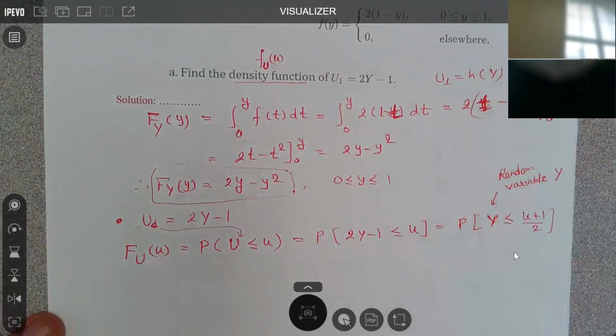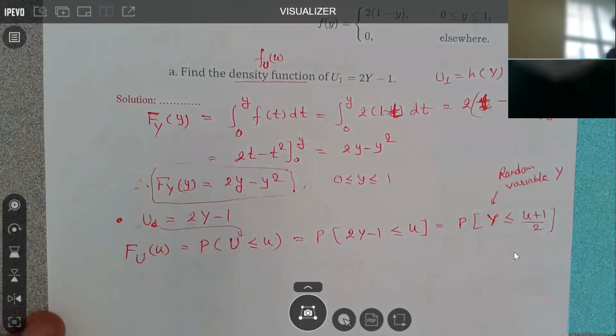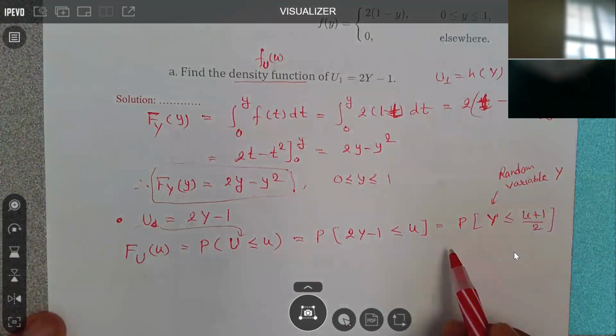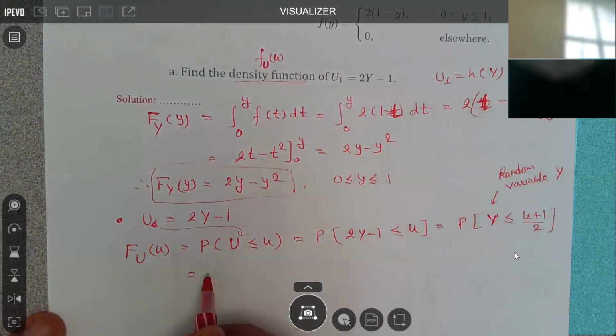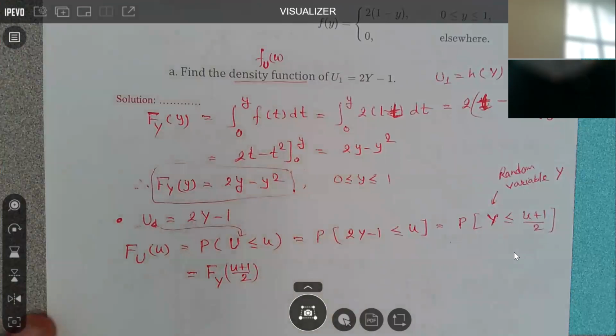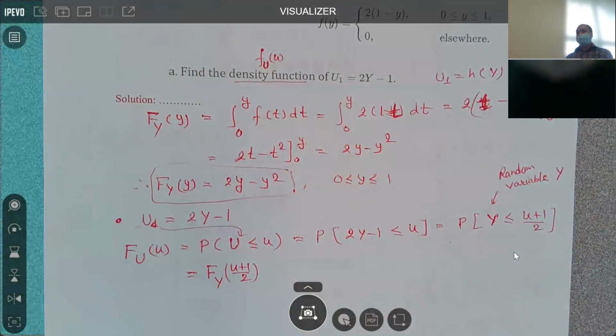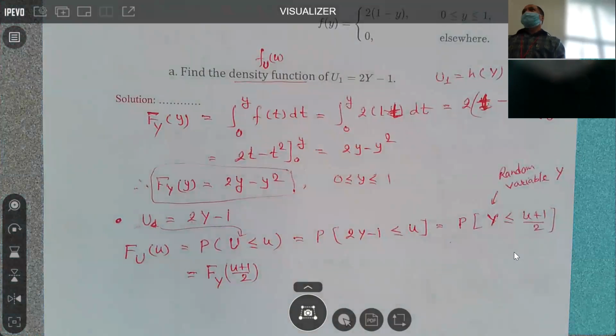Now we can write this as the CDF function F, evaluated at (u plus 1) over 2, and the random variable is now Y. That is for the random variable Y, right?